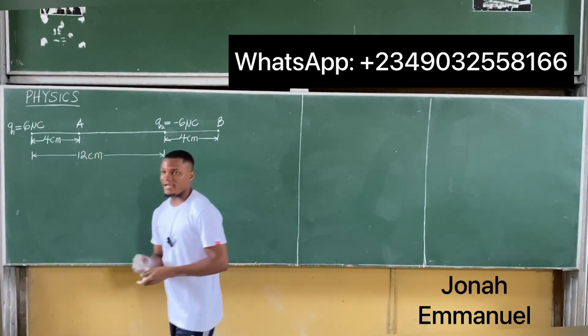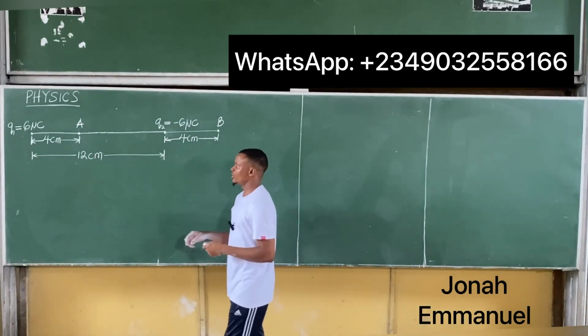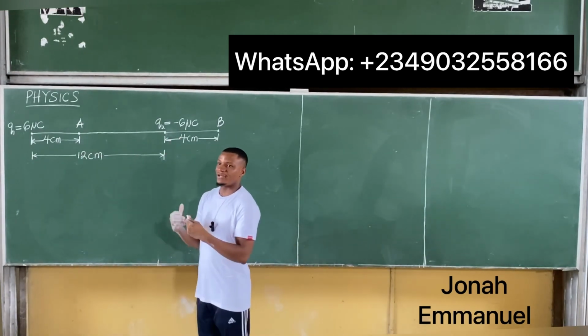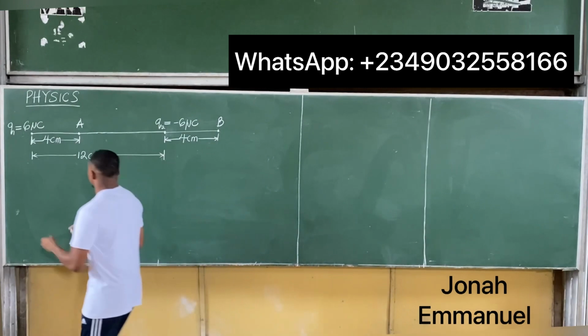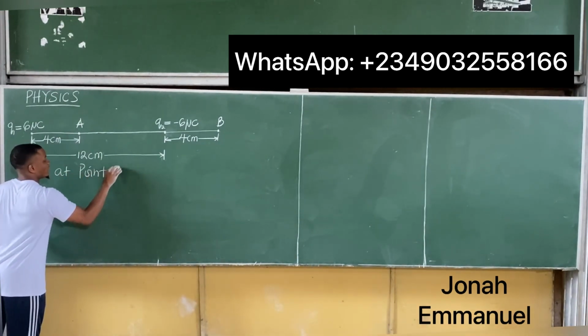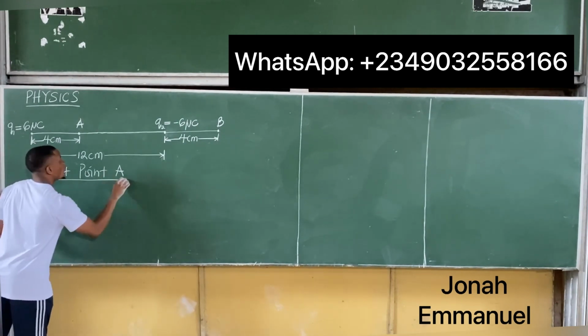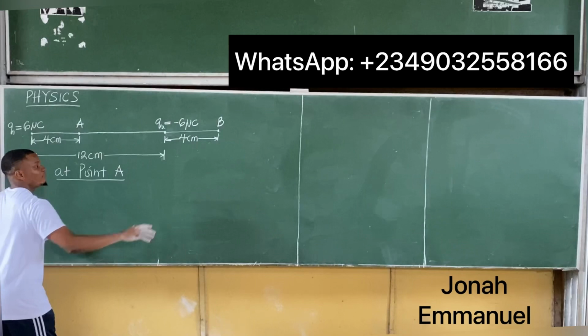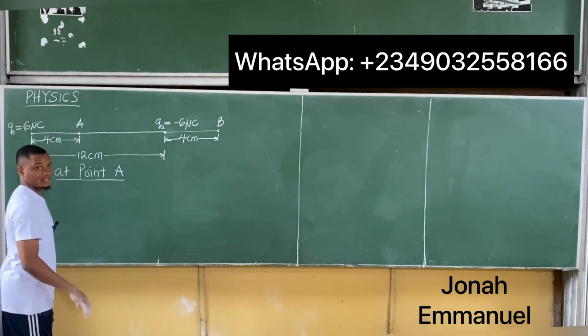Anyways, now we know what to do here, right? They said find the potential at A and at point B. So let's start with point A. So look up, please. I want to solve both of them simultaneously.